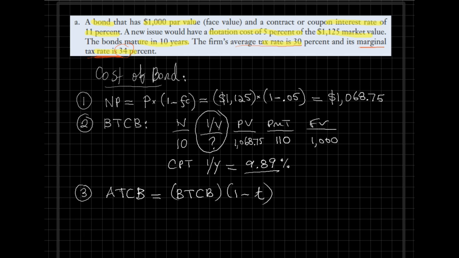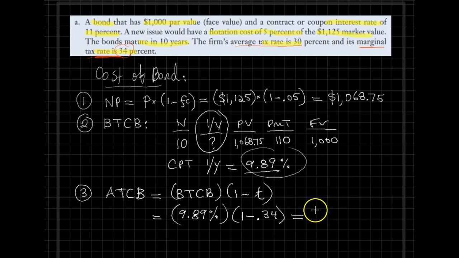All we need to do is plug in the numbers. The before tax cost was previously calculated as 9.89%. The marginal tax rate is 34%, and multiplying these, you should obtain 6.53%. So that's the cost of issuing bonds for the corporation.